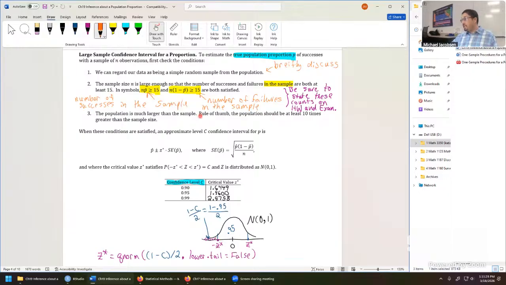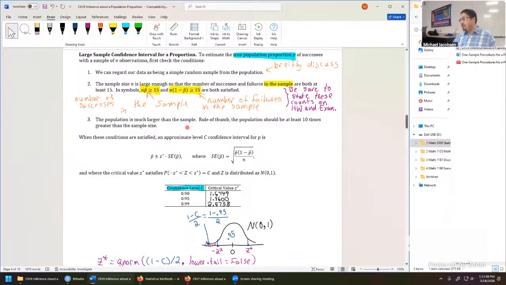So the rule of thumb that's provided is that the population should be at least 10 times the size of the sample. So this is something that's, again, not easy for us to check unless we do a whole lot of research, maybe demographics research, that kind of stuff, looking into the historical data.